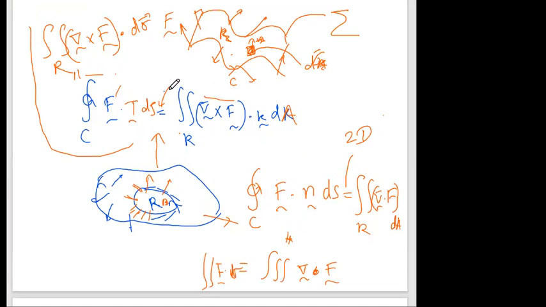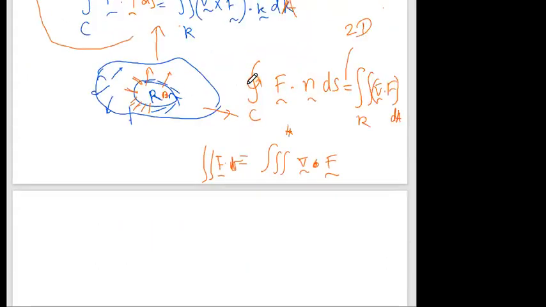In the two-dimensional case, this is Green's theorem. You can generalize this case to three dimensions, right? The same line integral can be obtained for these kinds of three-dimensional surfaces.